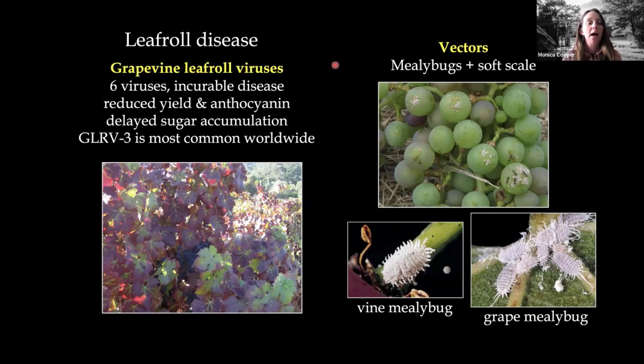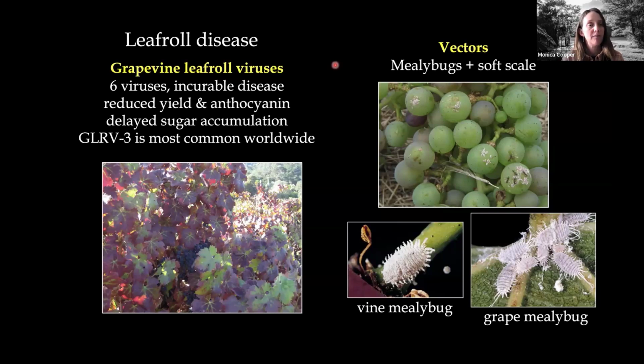And as I said, effects on plant health, mainly associated with the fact that the vine is just not photosynthesizing properly. And then also because these are phloem limited viruses, even the photosynthates that are produced, the nutrients don't move around very well in the vine. So there are those impacts that you see on vine health.